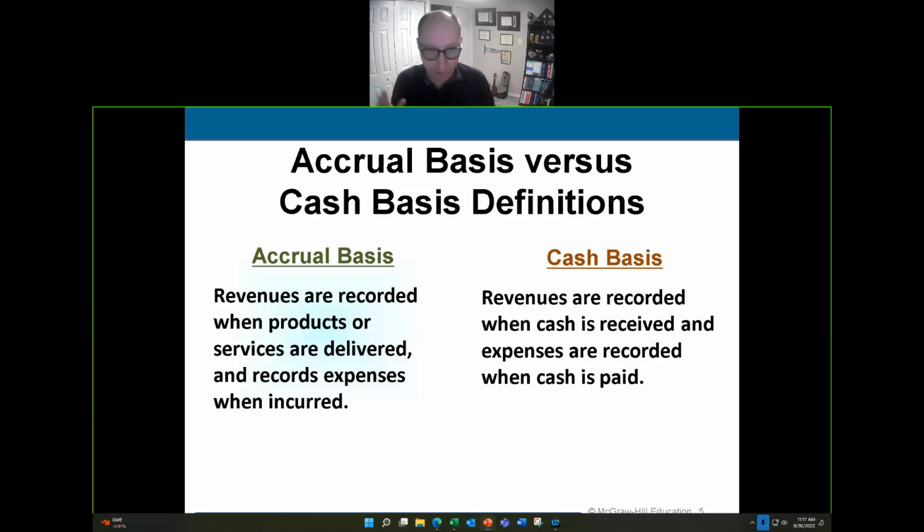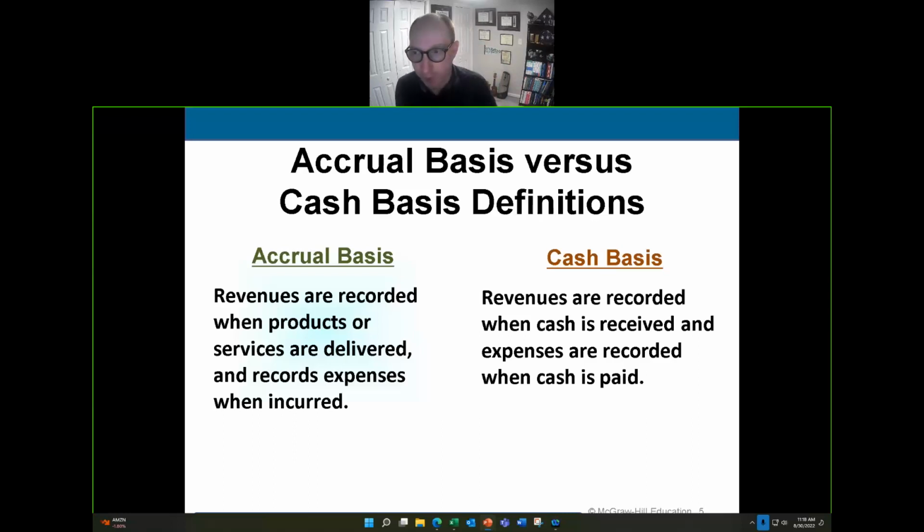Now, here's the difference. In accrual-based accounting, I record the revenue when the goods or the service has been delivered, and I record expenses when they've been incurred. Okay. A lot of businesses use the accrual method.